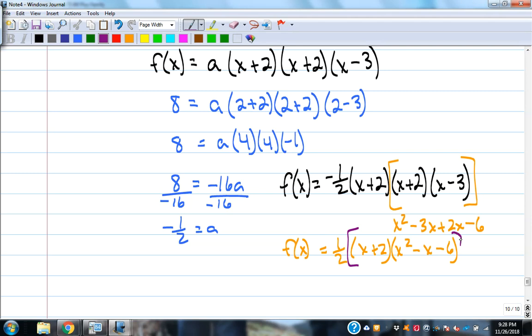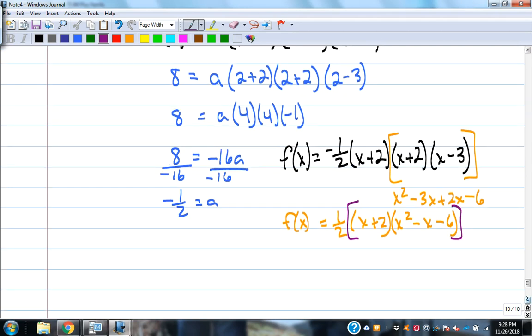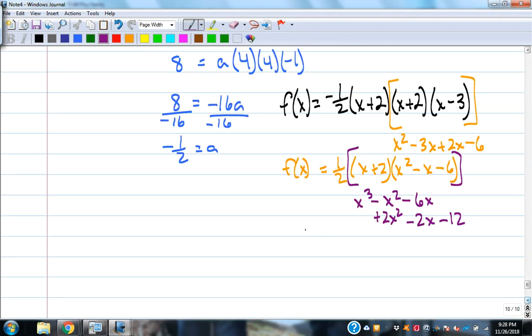I'm going to do these 2 together. A little longer on that one. So x cubed minus x squared minus 6x plus 2x squared minus 2x minus 12. Simplify that. -1/2 parentheses x cubed plus x squared minus 8x minus 12.